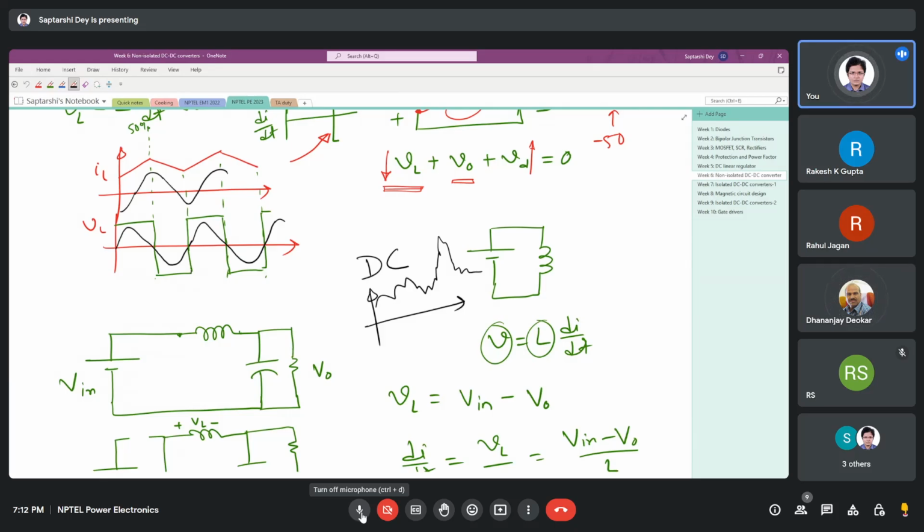It has high frequency components, but it is DC. Okay, then the current through the inductor is DC.